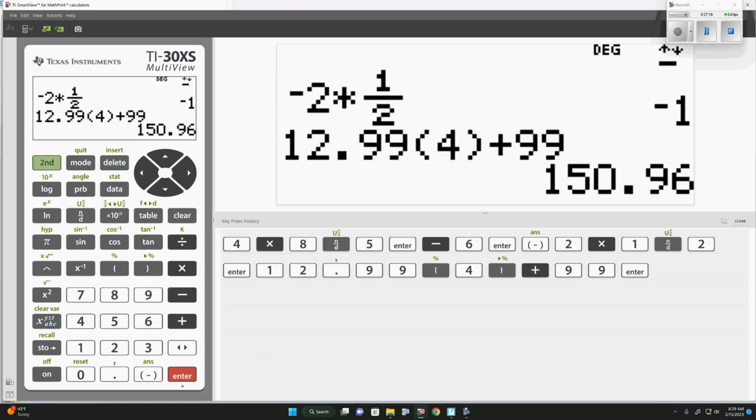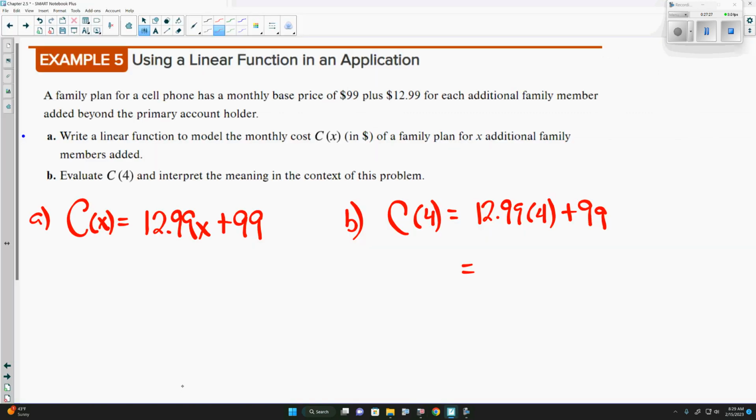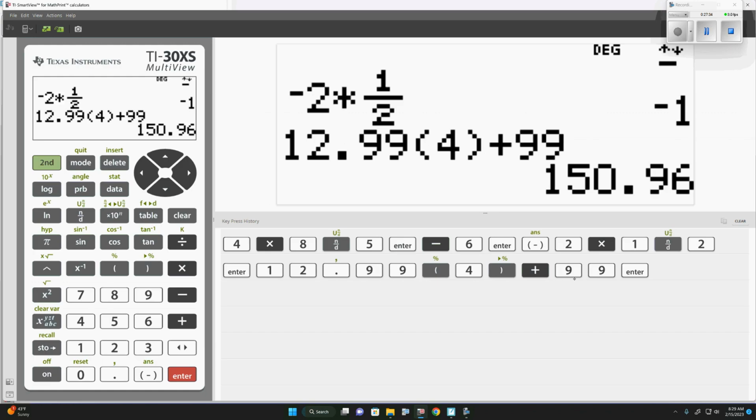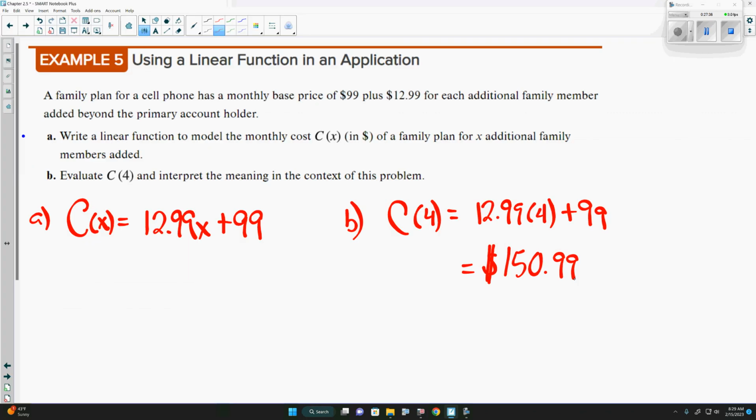We'd tell the calculator to do $12.99 times 4 and then add 99 to it. Make sure, yep. So we find that it's $150.96.